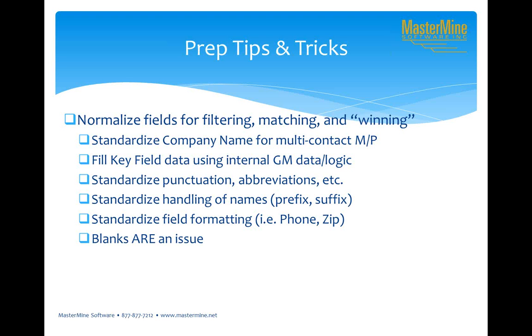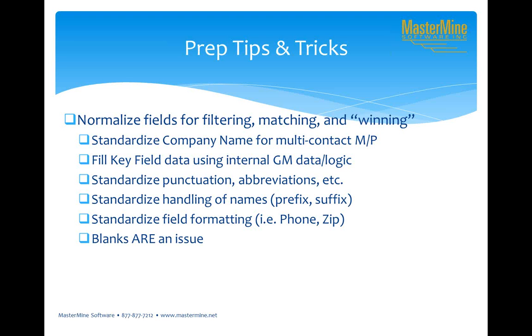Let's see, handling of names. Of course, you might have juniors and so on in your contact names. Field formatting is another major issue with comparing data. If you're going to be comparing phones, you're going to want to make sure that your phone fields are all formatted to start with a left paren, 3 characters for an area code, right paren, 3 characters, dash, and then the rest.